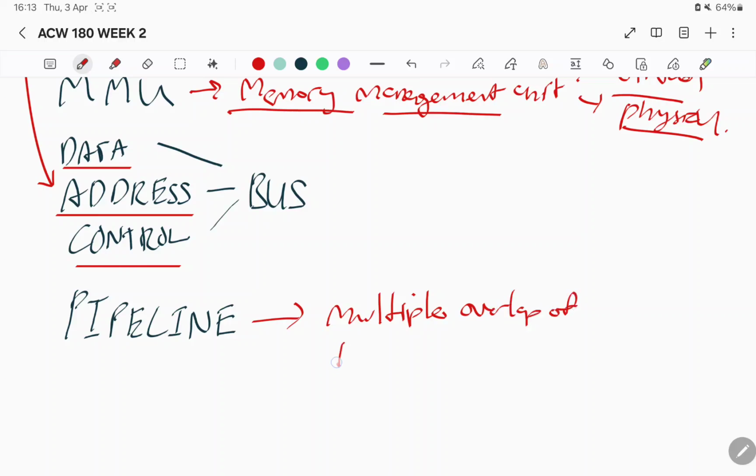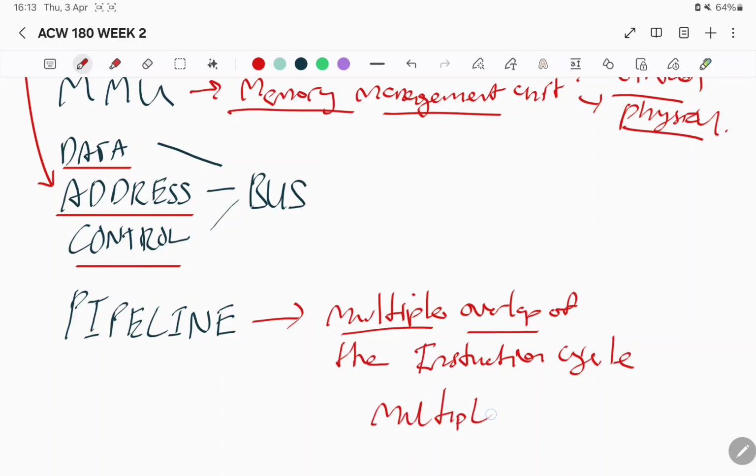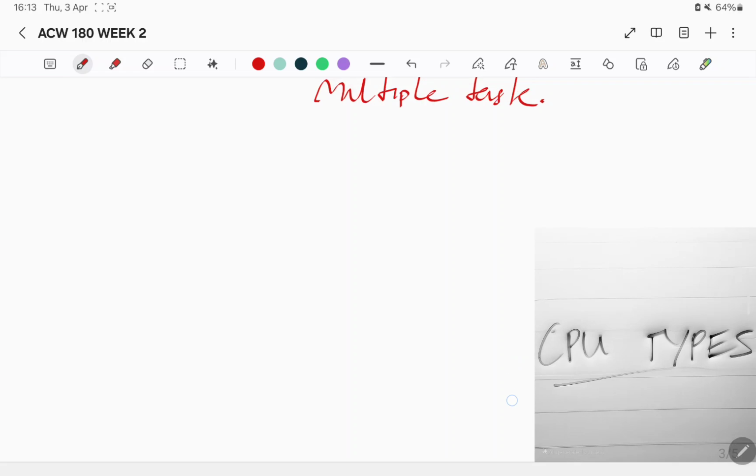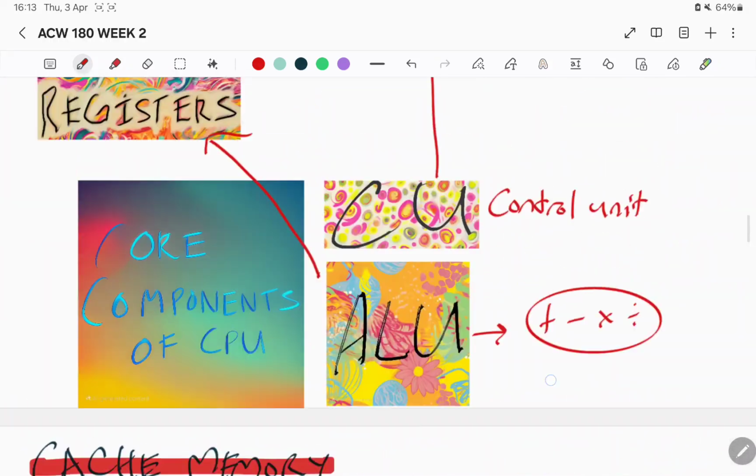Just now we learned about the instruction cycles, so it allows multiple overlap of this. Very simple, it means you can do multiple tasks. That's actually it about the components of this CPU.